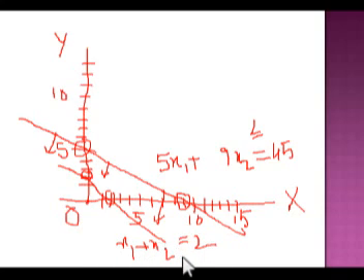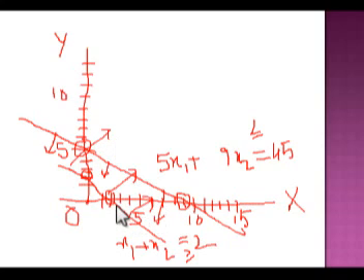Here also the constraint is taken as an equation, and the constraint is given as greater than or equal to. Now if I put the origin 0, 0, then 0 is not greater than 2. So the area which contains the origin is not the solution space of the constraint. The other side, which does not contain the origin, will be the solution space.